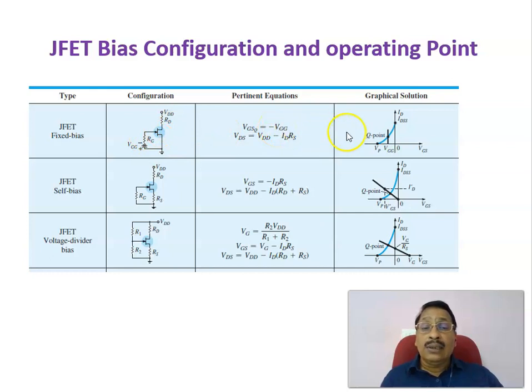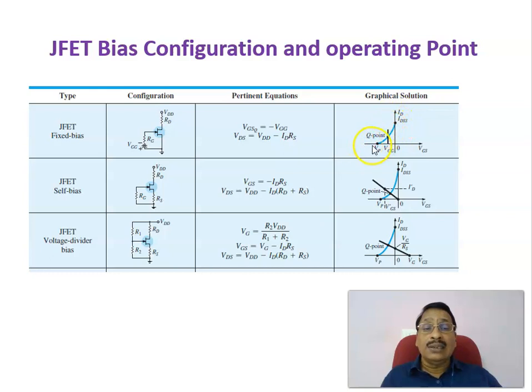Now, if you draw the variation of VGS versus ID, as per the Shockley equation, that is ID equal to IDSS into 1 minus VGS divided by VP, whole square. That is the Shockley equation relating the gate to source voltage and the drain current in a junction field effect transistor. This is the exponentially decaying curve.